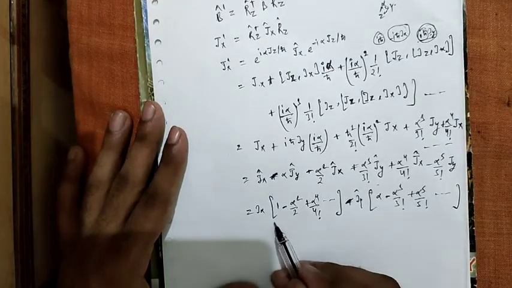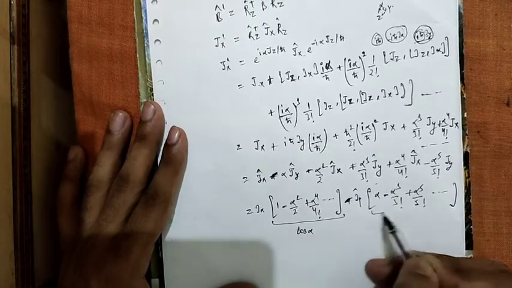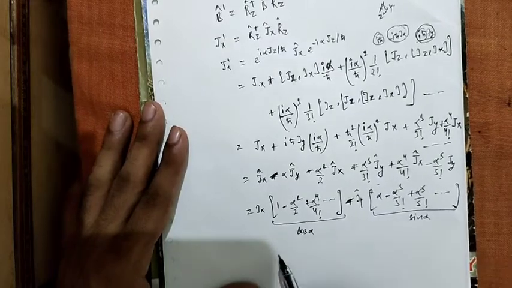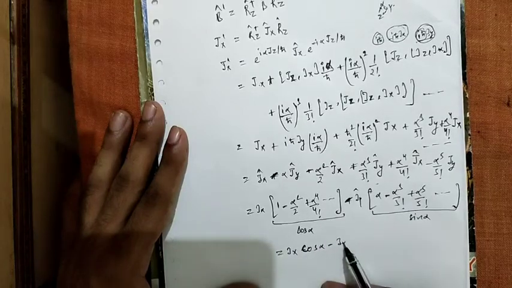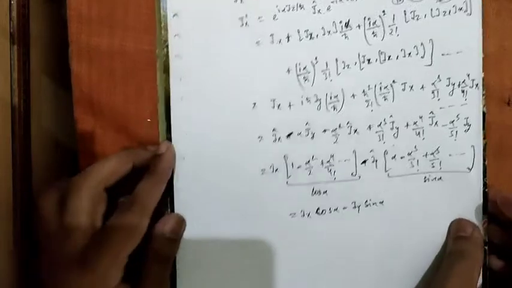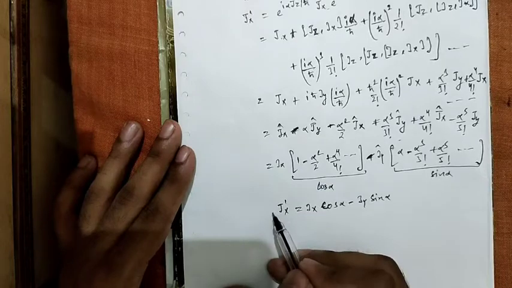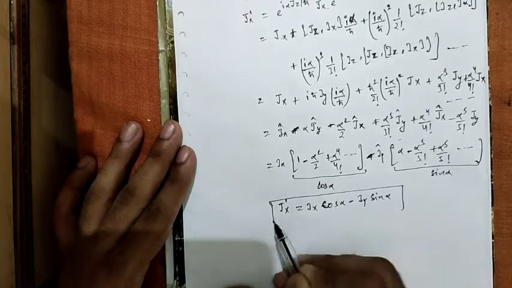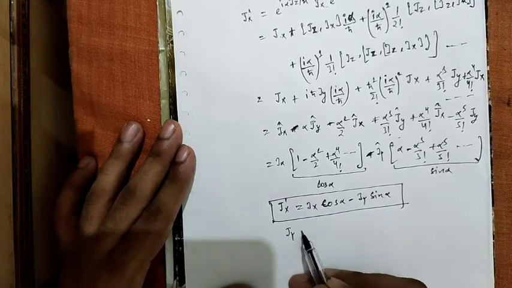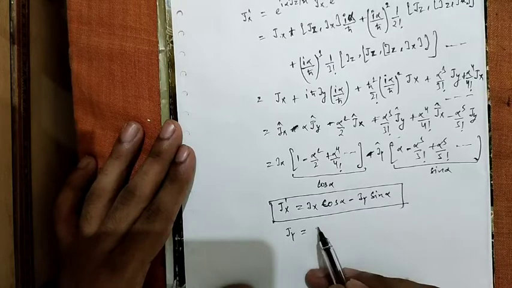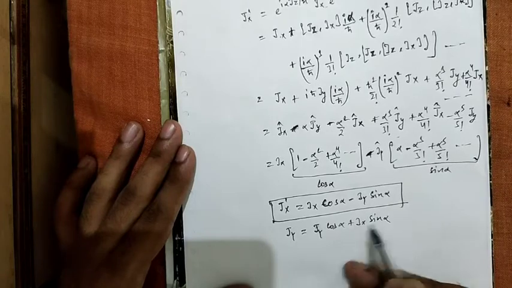These are simply the expansions of cos alpha and sin alpha. So the answer will be Jx cos alpha minus Jy sin alpha, which is the transformation Jx dash. Similarly, the transformation for Jy is Jy cos alpha plus Jx sin alpha.